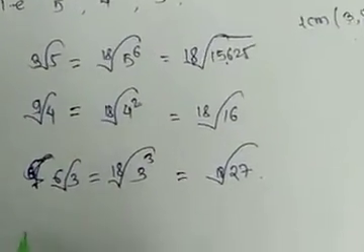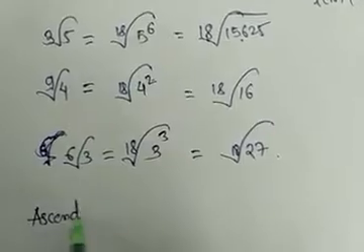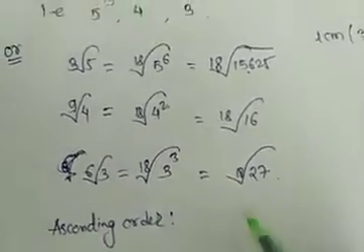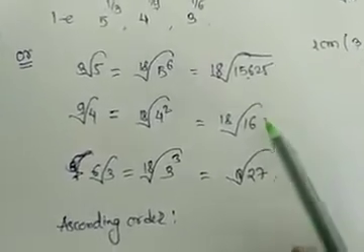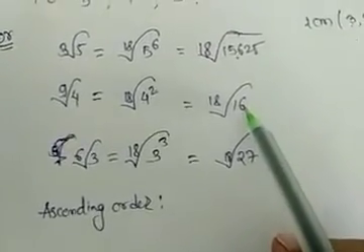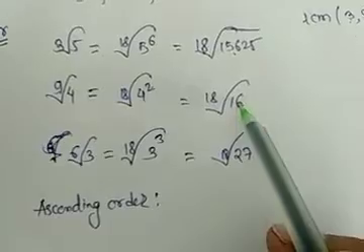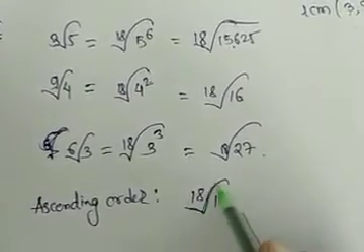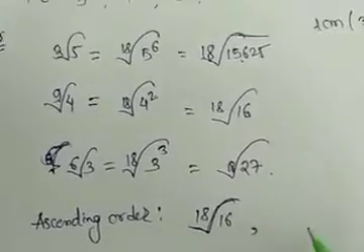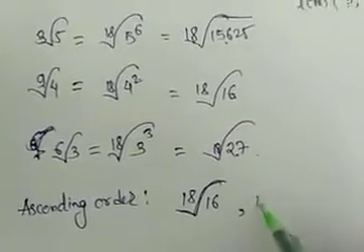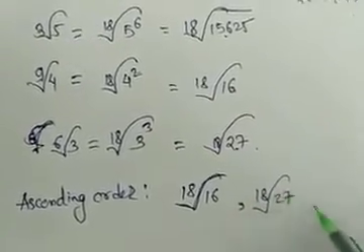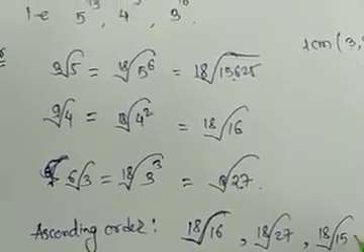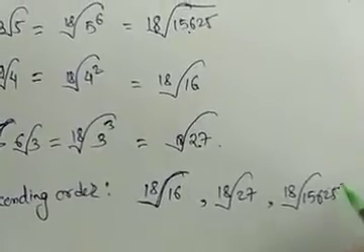So here the ascending order is, we have to start from the smallest one. The smallest is the 18th root of 16. So the smallest is the 18th root of 16, first. The second term will be the 18th root of 27, and the last will be the 18th root of 15,625.